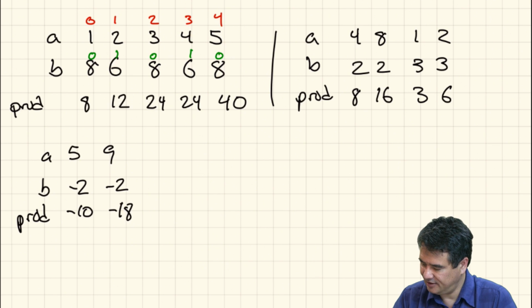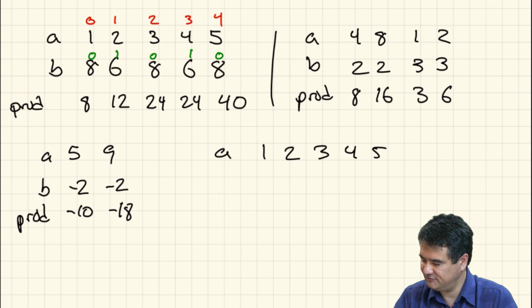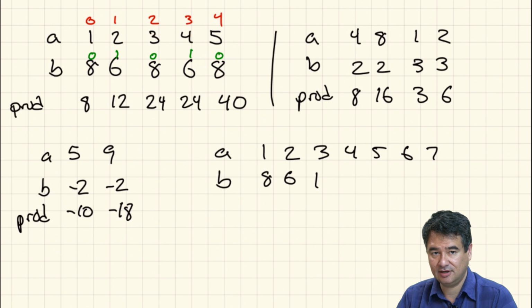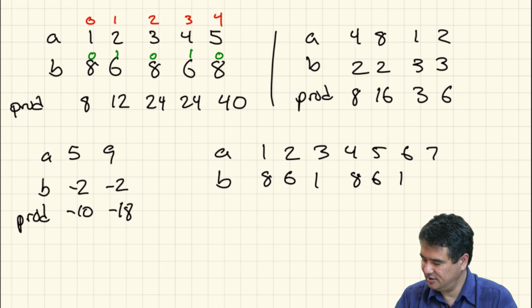Let's try A is 1, 2, 3, 4, 5, 6, 7. I'm going to go longer. And let's say B is 8, 6, 1. Okay? So I'm going to go 8, 6, 1, and 8 again.